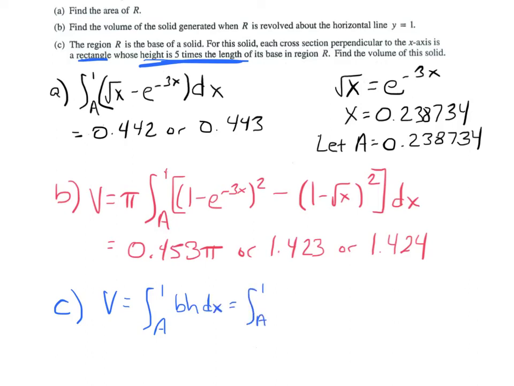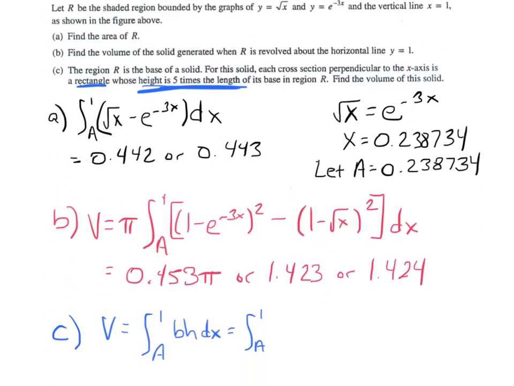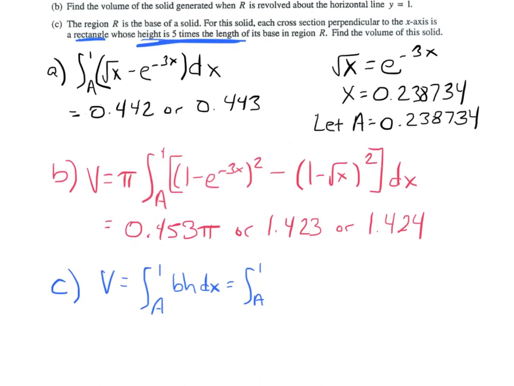So from A to 1, the base is this distance here. This would be the base of our rectangle, so radical x minus e to the negative 3x. Then times the height, which is 5 times the base.